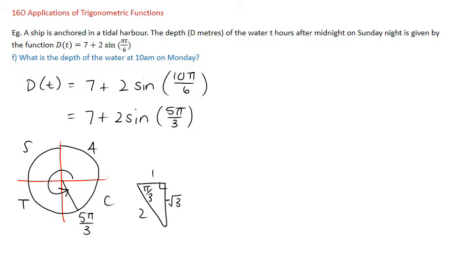So opposite over hypotenuse, you still end up with a negative, which makes sense because only tan is positive in that quadrant. So using pi on 3, opposite over hypotenuse, we get negative root 3 on 2.